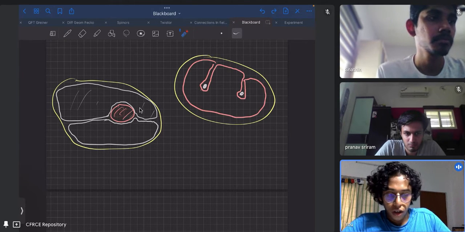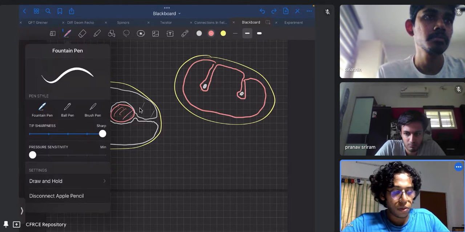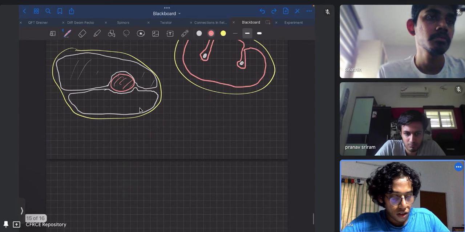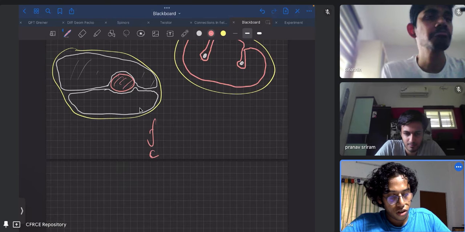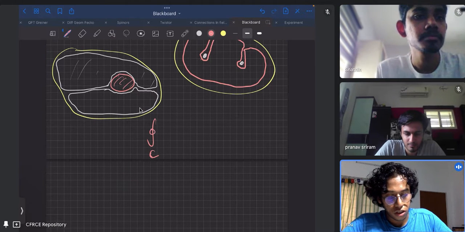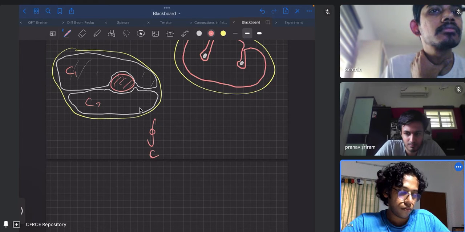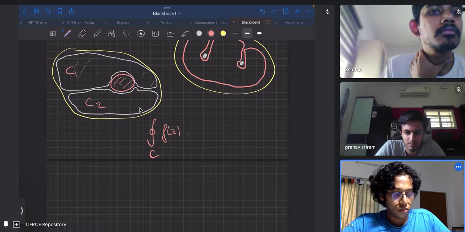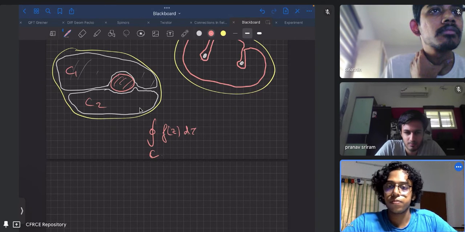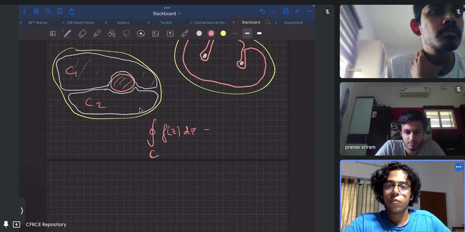Okay, so now can you guess what the integral of this particular function might be, given that this is C1 and C2? Any guesses?